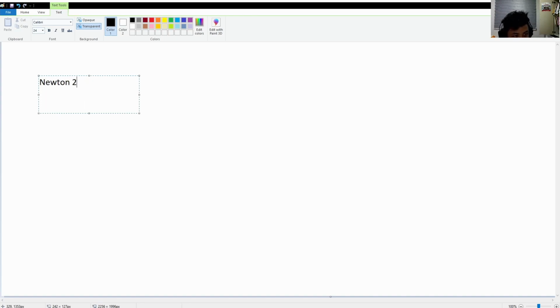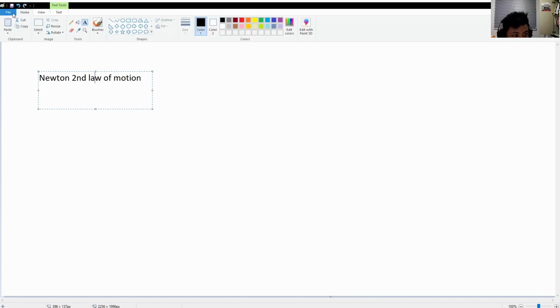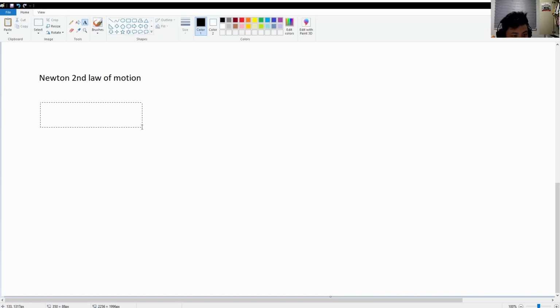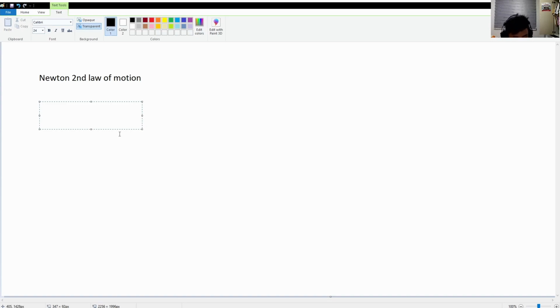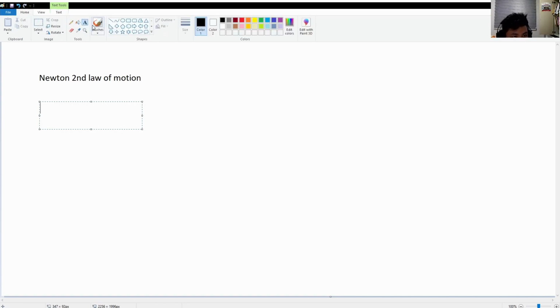Second law of motion. The simple statement is force is equal to mass times acceleration.